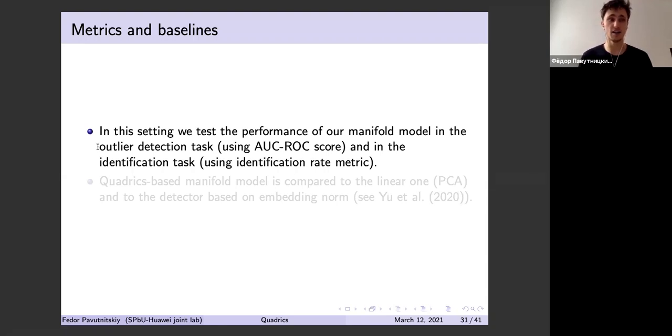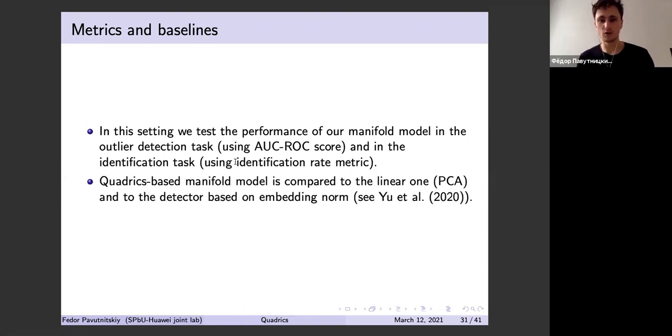The identification task is what I tried to explain a few minutes ago, when you have two images or two embeddings, and you need to understand whether it is an embedding of an image of the same person. In this experiment, as a metric, we use what is called an identification rate. If time permits, I will try to explain what it is.